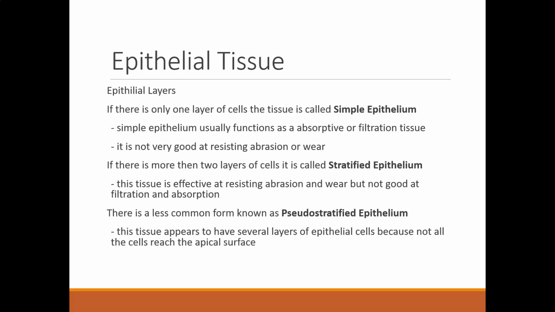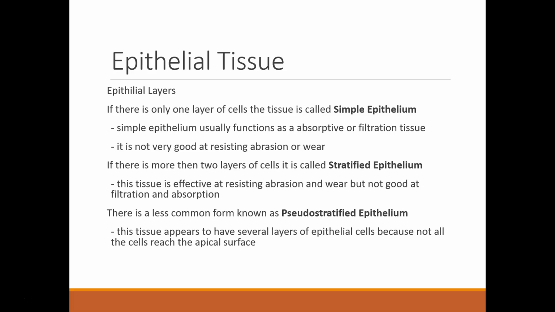It tears very easily. If there are two or more layers of cells, we've talked about this, it is known as stratified epithelium. This tissue is not so good at filtration and absorption because it's thick, but it's extremely good at resisting abrasion and wear. The next type is a less common form known as pseudo-stratified epithelium. If you remember, pseudo kind of means fake.